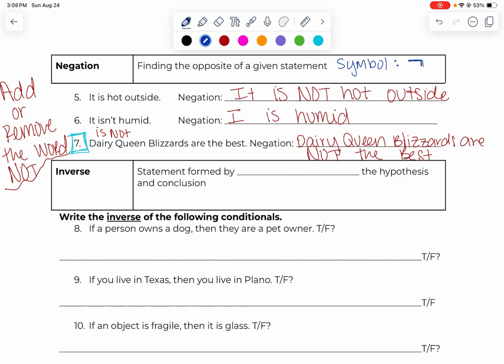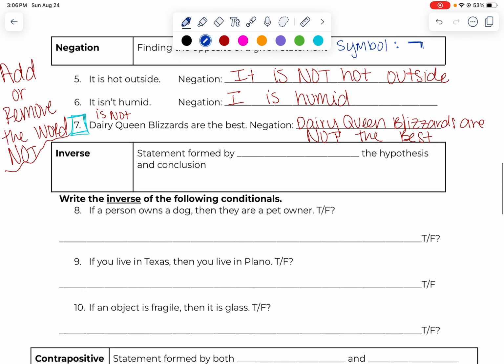All right, next one, we have inverse. It is a statement formed by negating the hypothesis and the conclusion. So inverse, it's called the not. You add the word not or remove the word not from the hypothesis and the conclusion.